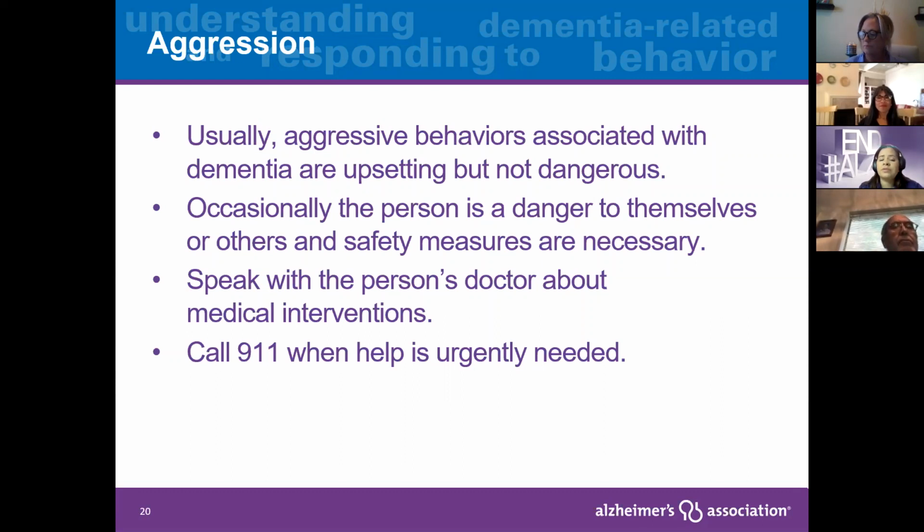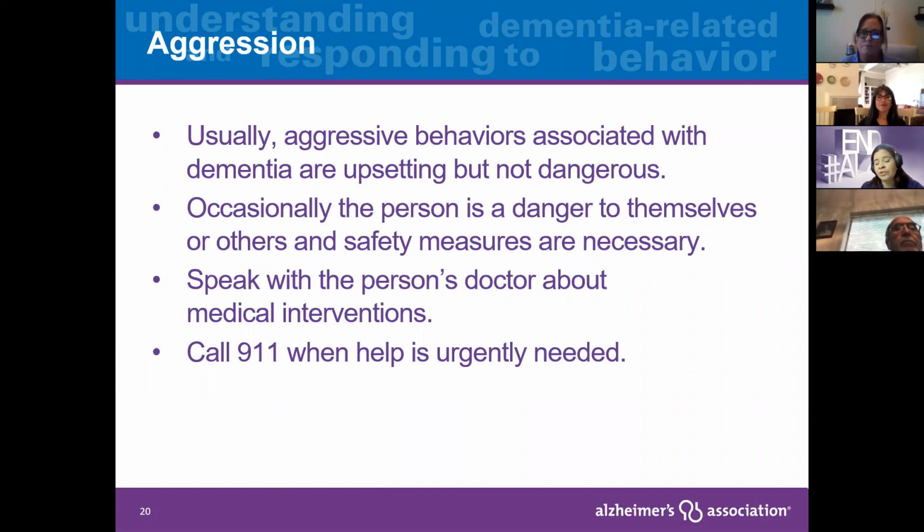And so some of the things that we usually see when it comes to aggressive behaviors is that usually they can get dangerous. Most of the time they're upsetting. So the example I gave her, someone was chasing this person. It was a dangerous situation. It depends on the dementia type, right?